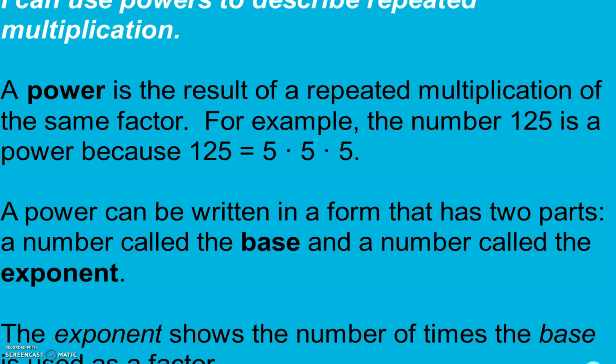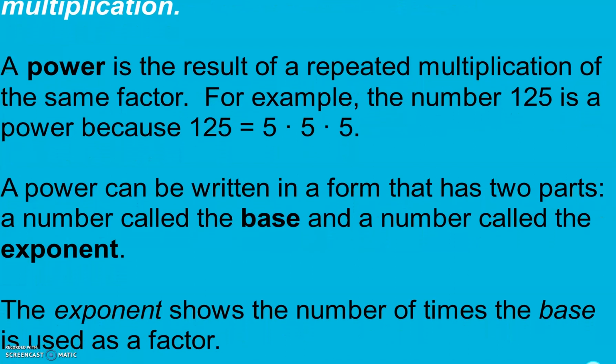A power can be written in a form that has two parts, a number called the base and a number called the exponent. So the exponent shows the number of times the base is used as a factor. In the example above, 5 is our base, it's the number being multiplied, and our exponent here is 3 because we have 1, 2, 3 5s in a row.